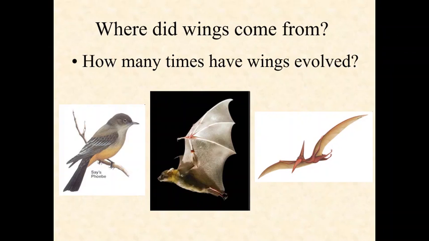Okay? So are bird wings, bat wings, and pterosaur wings homologous? We'll come back to that later in the semester, but it is a deceptively complex answer to that question. But it's very, very clear that all of these wings are derived from the forelimb of some ancestor.